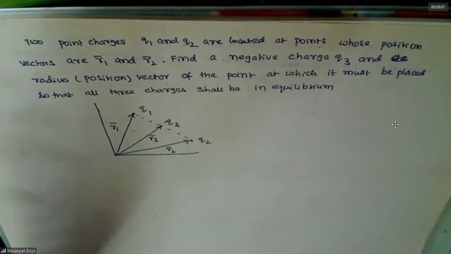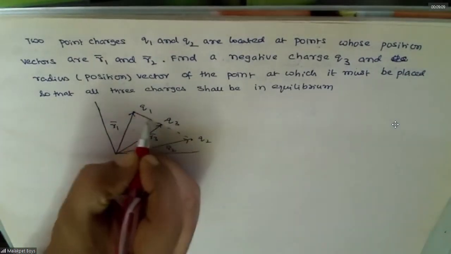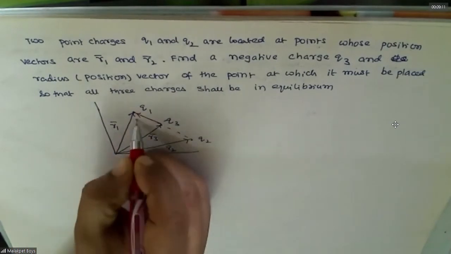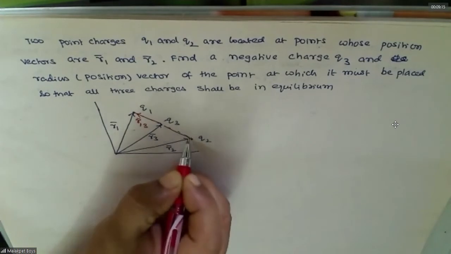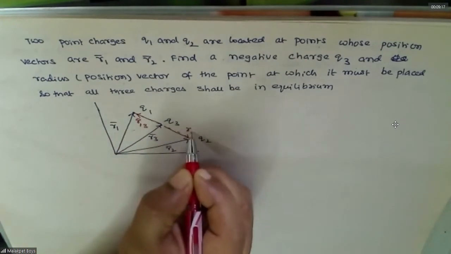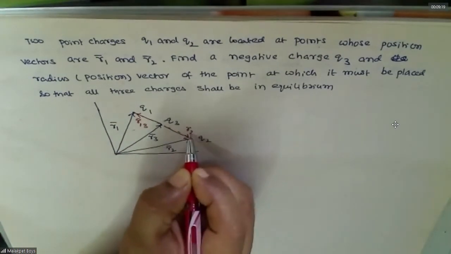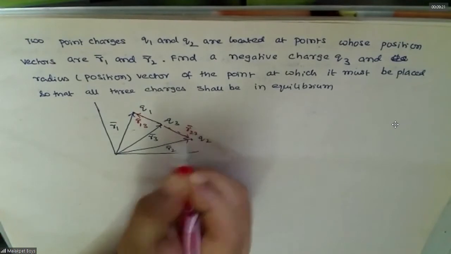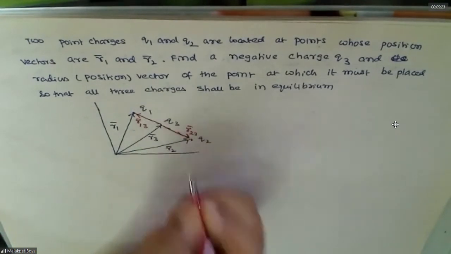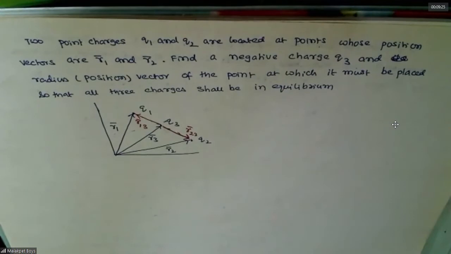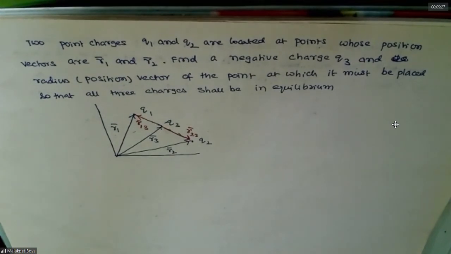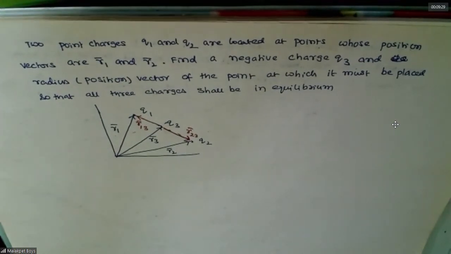Agreed. This is R of 1 with respect to 3. What is this? R of 2 with respect to 3. That means from 3. Any doubt till here? No, sir.